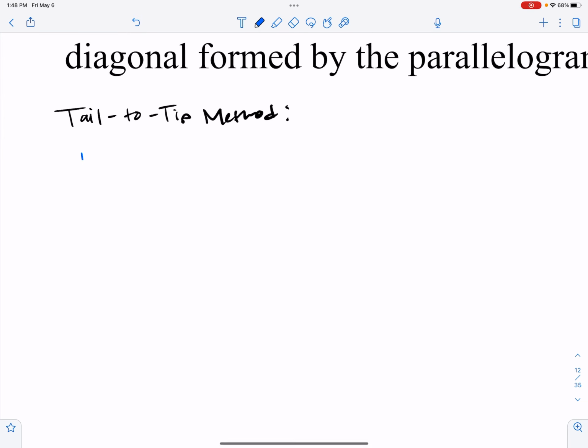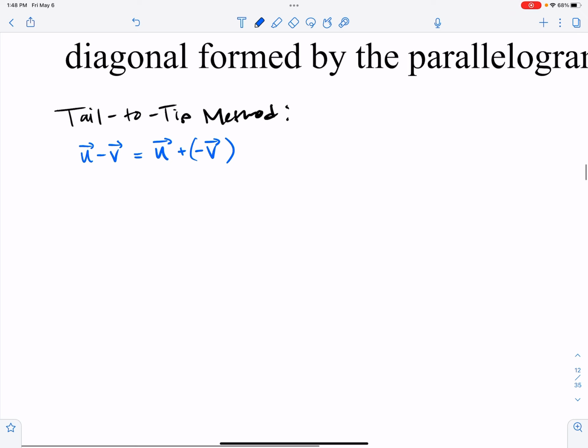We're going to think about vector u minus vector v as being vector u plus negative vector v, which negative vector v is just vector v pointing in the opposite direction.